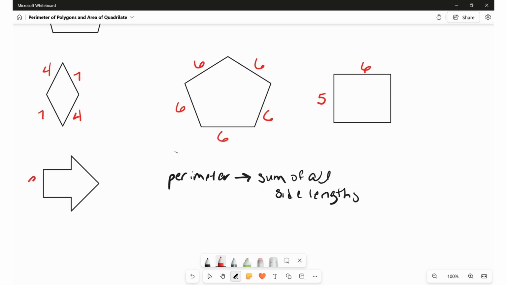And then let's do this. A couple of things here.